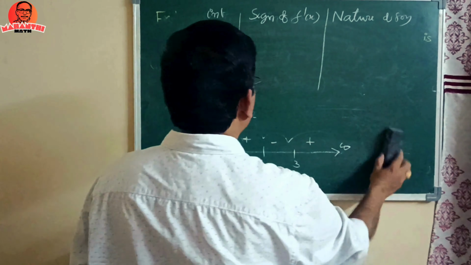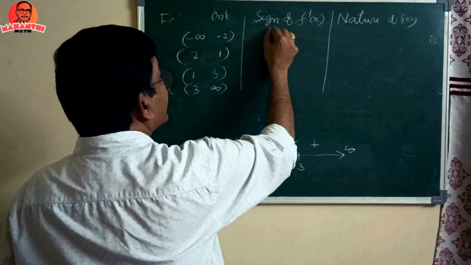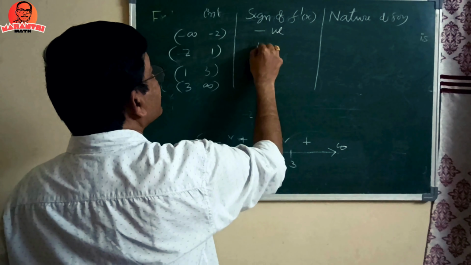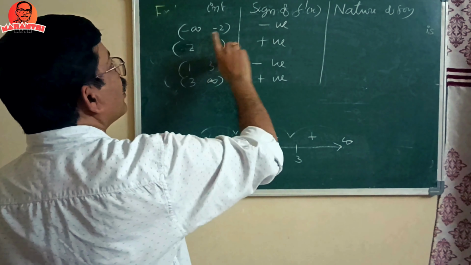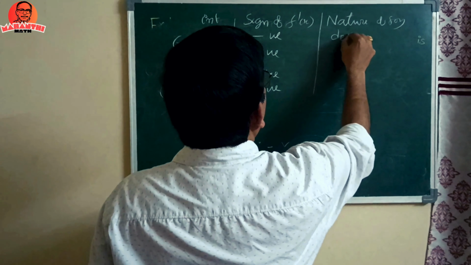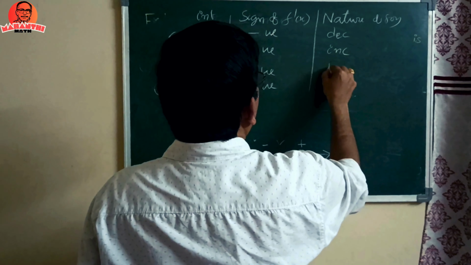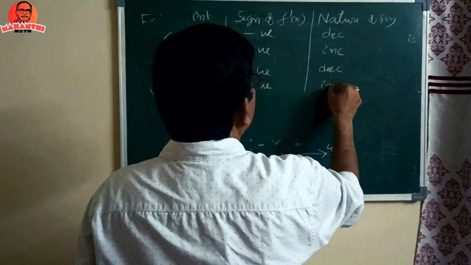Now you see, here negative came, here positive, here negative, here positive. Now here decreasing, here increasing, here decreasing, again here increasing.